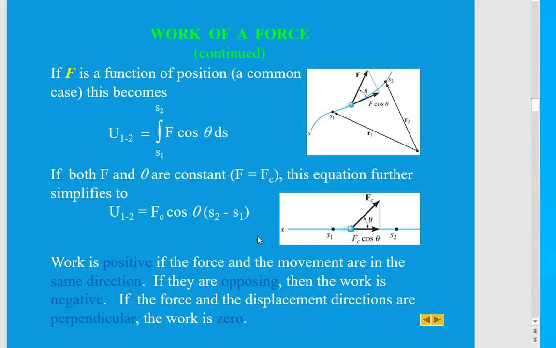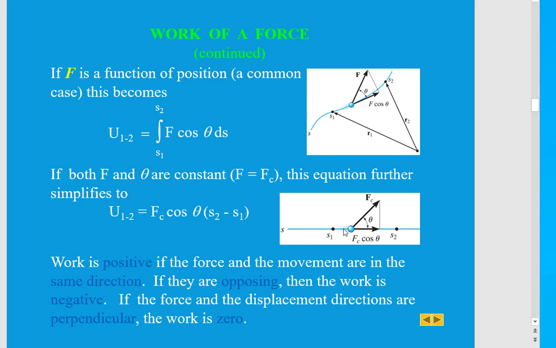Now, if we have a particle that is moving in rectilinear motion from S1 to S2, and this force is Fc, then simply your work done on the particle due to Fc is the displacement, because it's linear, multiplied by the component of Fc along that line of movement, which becomes Fc cosine theta times (S2 minus S1).